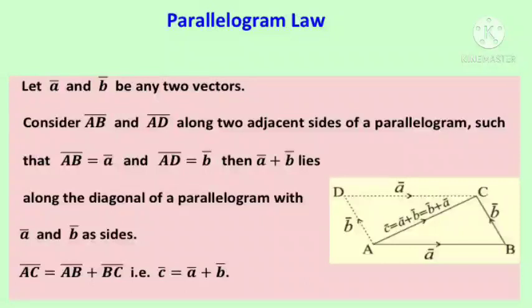It tells you that the diagonal is equal to the addition of the adjacent sides of a parallelogram. The diagonal of a parallelogram is equal to the addition of the vectors of the adjacent sides of a parallelogram. So AC bar is equal to AB bar plus AD bar, or it is also AC bar is equal to AB bar plus BC bar.